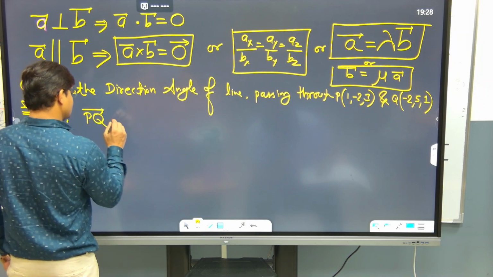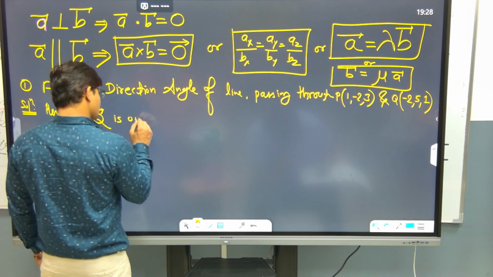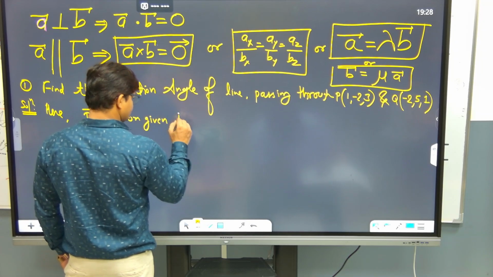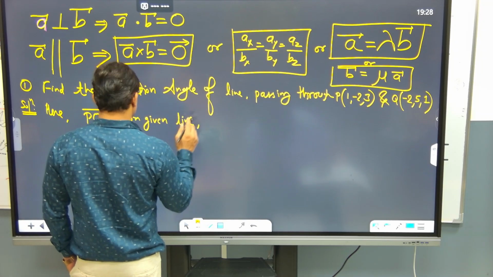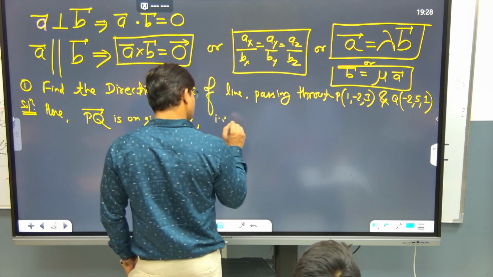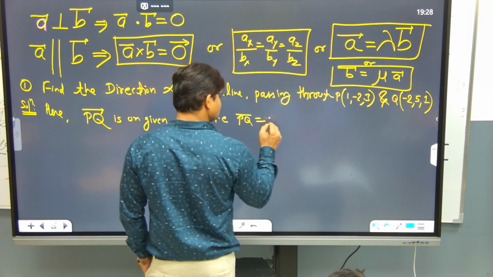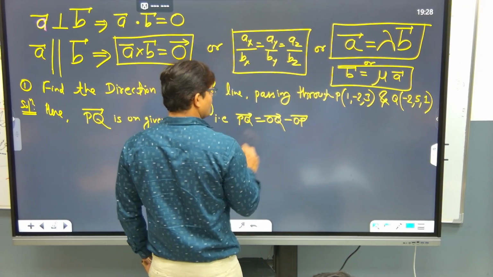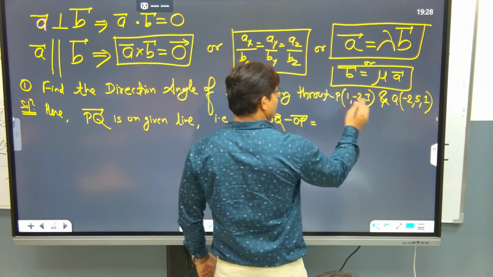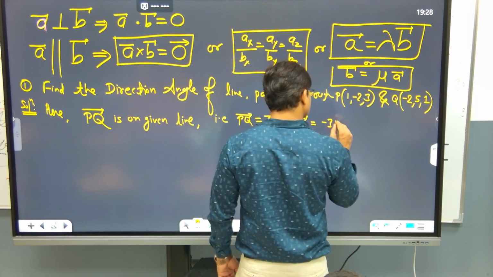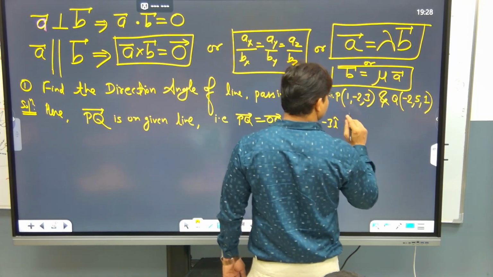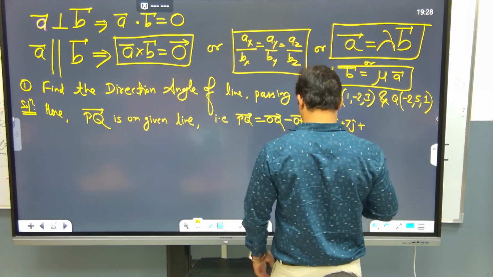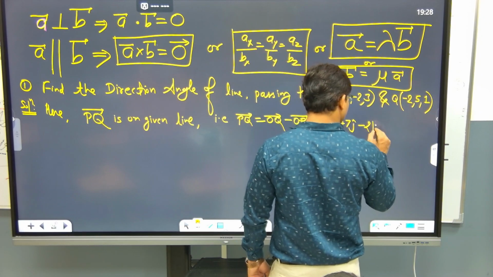Here the PQ vector is on the given line. So that means PQ vector is what? OQ minus OP. OQ minus OP is Q minus P. So minus 2 minus 1, that is minus 3 i; minus 5 minus minus 7, that is 7 j; 1 minus 3, that is minus 2 k.